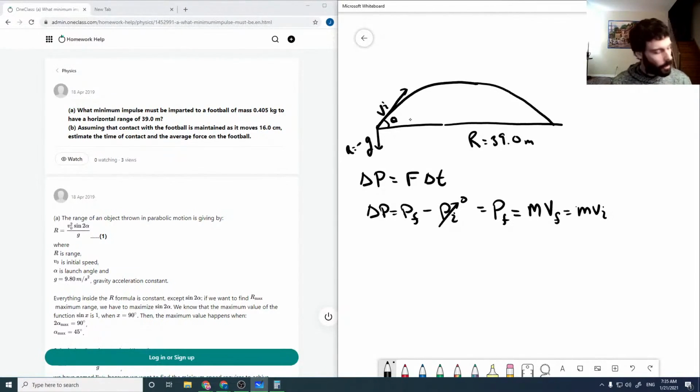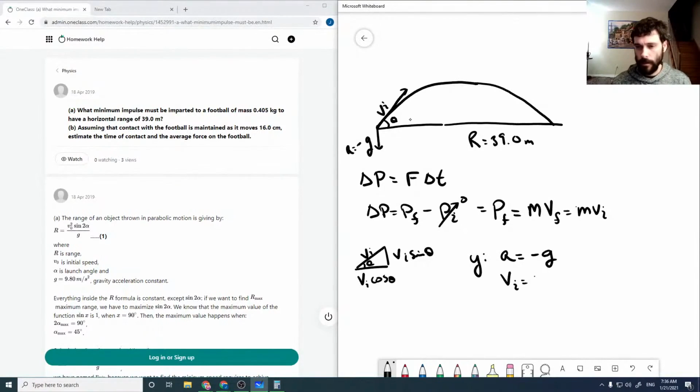Now, we need to figure out what our actual velocity needs to be. Well, if we look at the motion we've drawn out, we have some theta, some vi. So this is vi cos theta. This is vi sine theta. Now in the y direction, we're going to have acceleration is minus g.